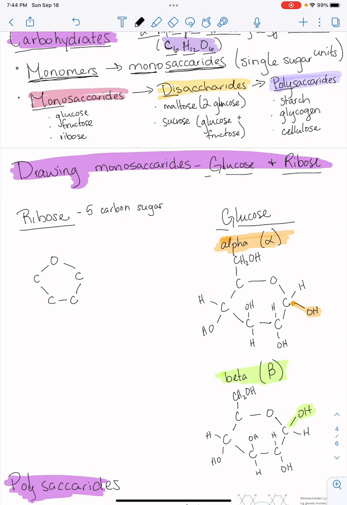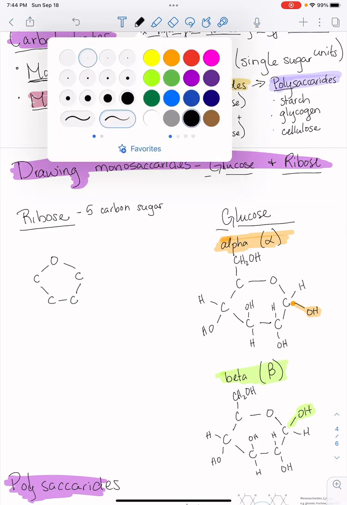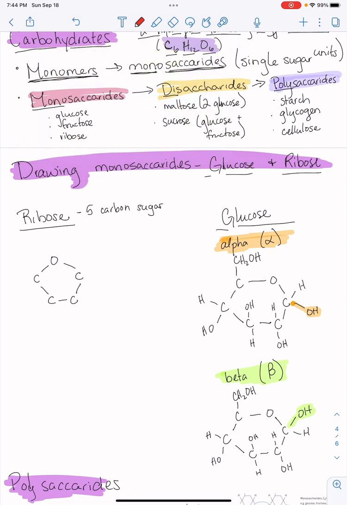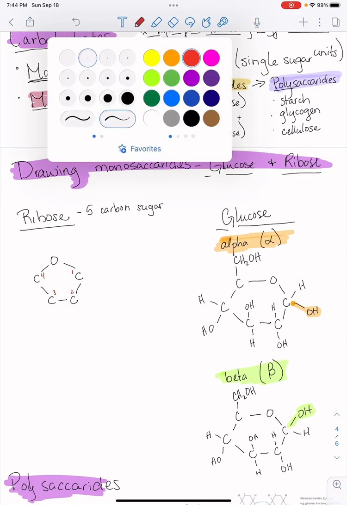I'm going to do this in a different color, and I'm going to count my carbons. We always start going clockwise. We've got carbon 1, carbon 2, carbon 3, carbon 4, and then I'll show you carbon 5 in just a second.